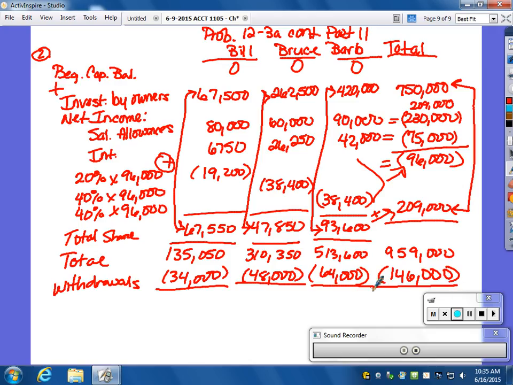What are the ending capital balances for Bill, Bruce, and Barb? $101,050. How much for Bruce? $262,350.